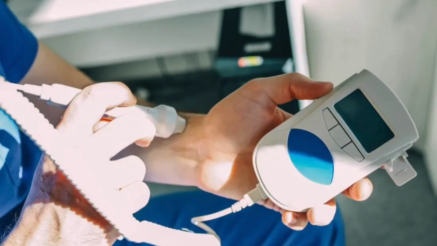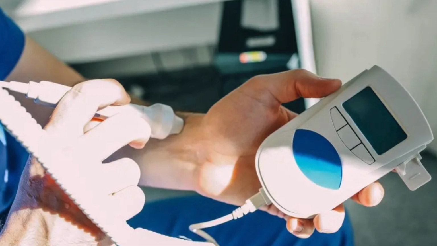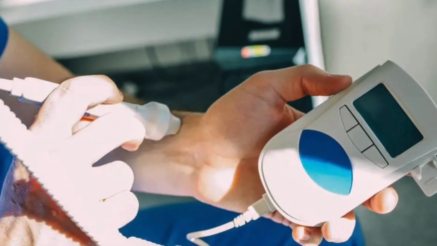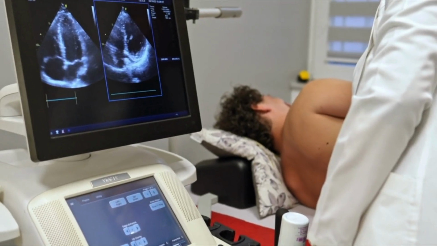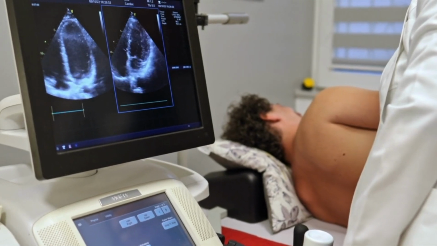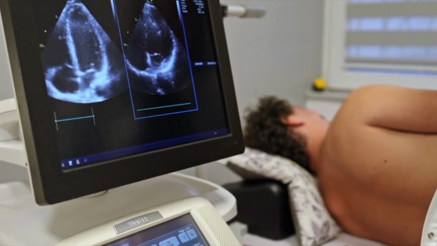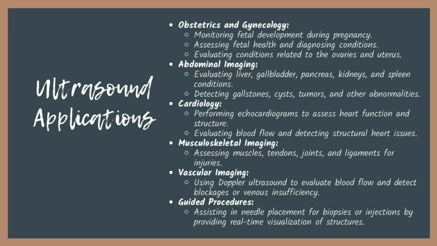There is a Doppler ultrasound, which measures the flow of blood through blood vessels by assessing the change in frequency of the sound wave, very helpful in cardiovascular assessments. And then there are bedside ultrasounds, which are portable devices specifically used in emergency or point of care settings, and these can be rapidly performed and interpreted by the operator.